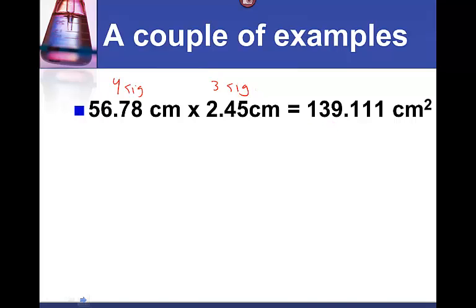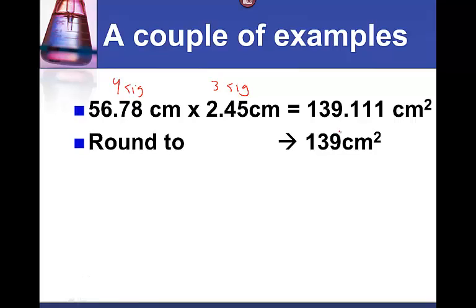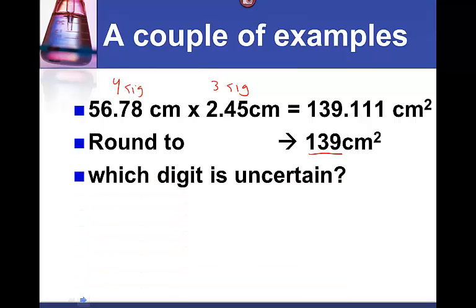Our raw answer, then going to sig figs, we round to 3 sig figs. Again, that goes back to the fundamentals of what multiplication really is. We are multiplying 56.78, adding it to itself 2.45 times. Going back to basic 4th, 5th grade multiplication concepts. Uncertain digit, the ones place.